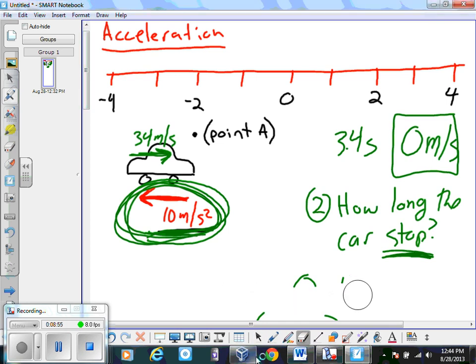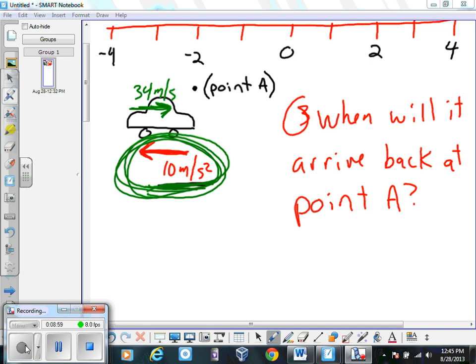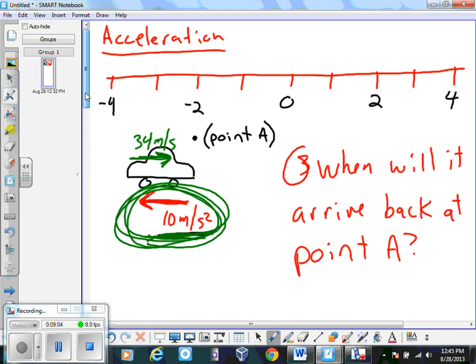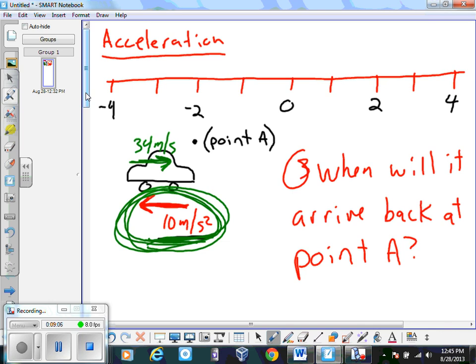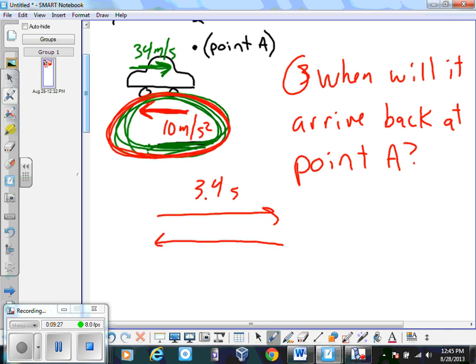And your third question is, when will the car arrive back at point A? Well, it took 3.4 seconds for it to come to a stop, correct? Has the rate changed on the way back? It hasn't, has it? So how long is it going to take to get right back from where it started?